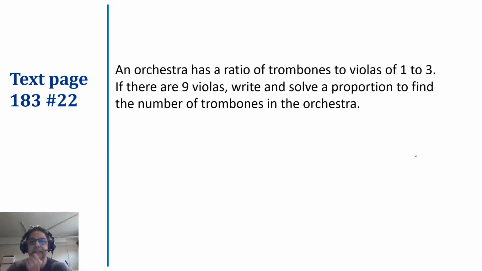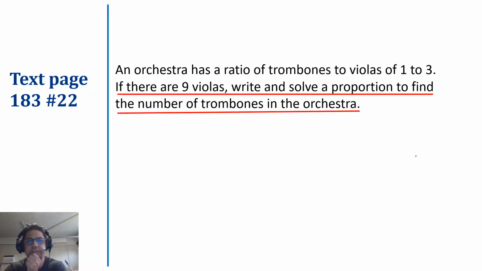All right, I think this might be the last one. An orchestra has a ratio of trombones to violas of 1 to 3. If there are 9 violas, write and solve a proportion to find the number of trombones in the orchestra. All right, we can do this. This is just like the other problem.